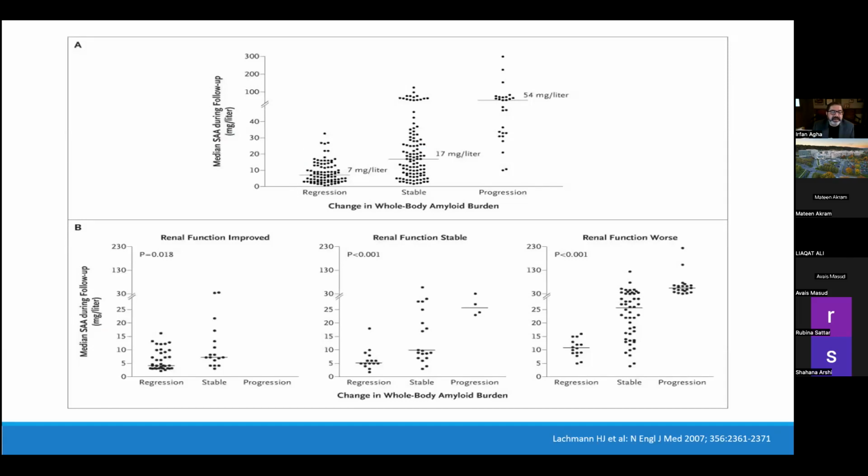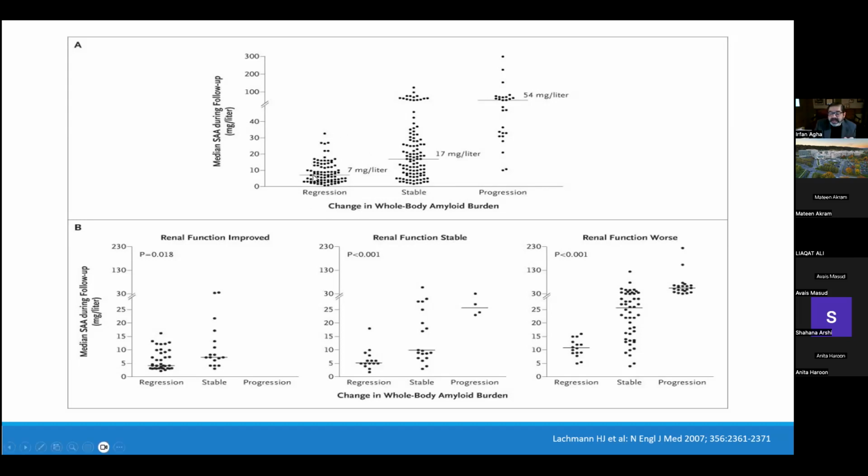But interestingly, people whose whole body scan showed regression had low SAA level. So this is the first picture we're looking at here. These are the people who had repeat scintigraphic scans over follow-up. Their amyloid burden was going down.